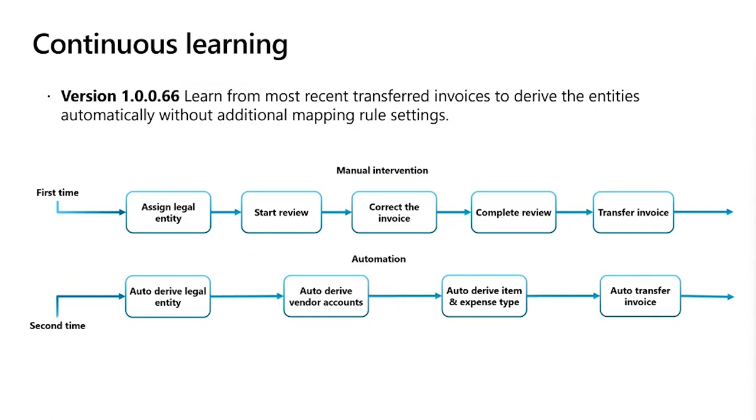So when the second invoice comes from the same vendor, it will automatically derive these entities and the invoice can be automatically transferred. This can avoid the maintenance effort for the mapping rules, which we received a lot of feedback on.